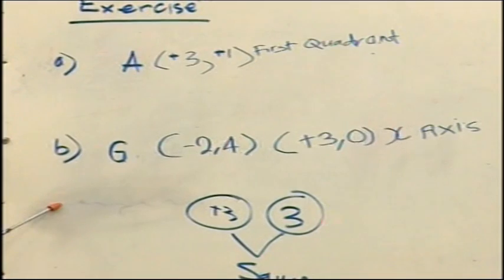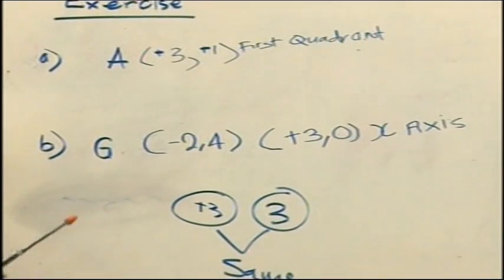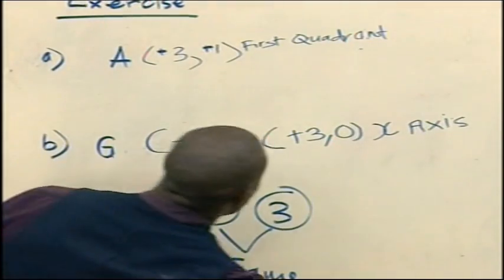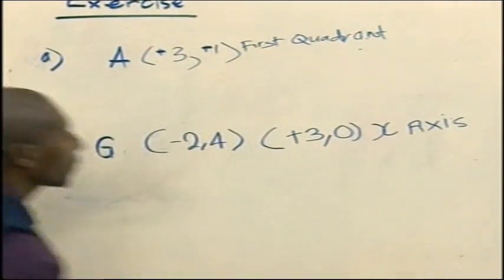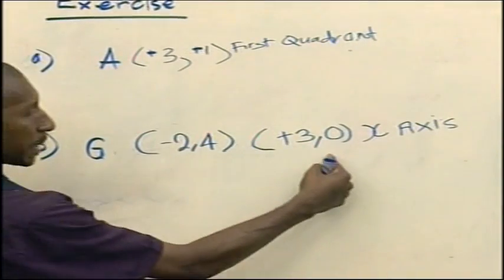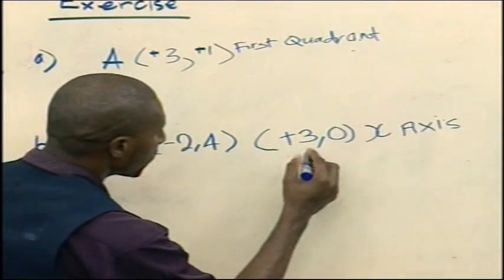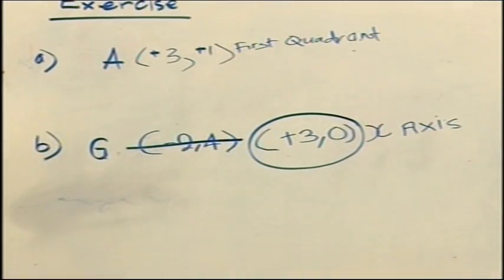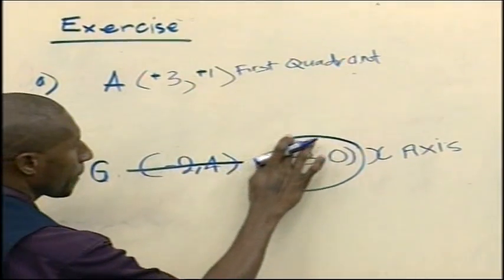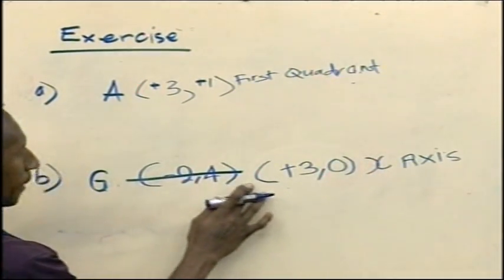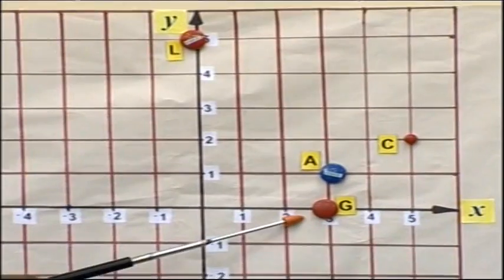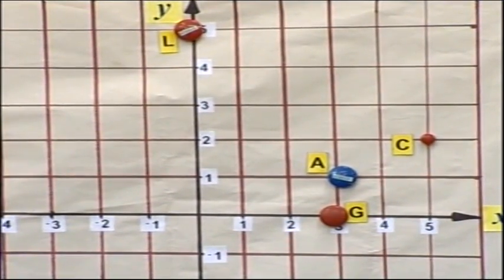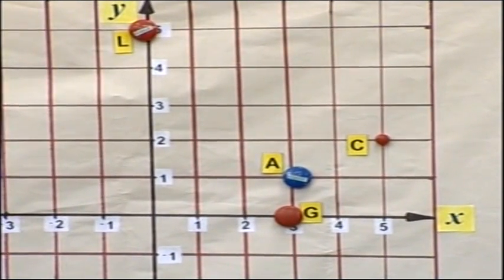Let's look at exercise B, receiving students, and we have two answers. Which of these answers is the correct one? First or the second? Second. Okay, this answer is the correct answer, and not this. The x-axis is 3 or positive 3, comma, and the y-axis is 0.